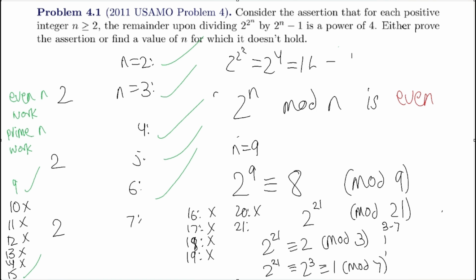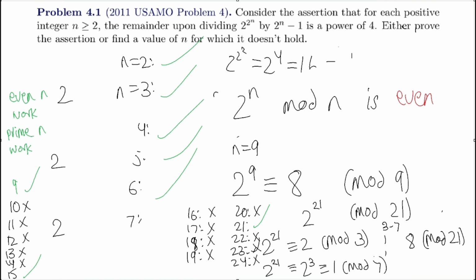So we went a bit over, but I guess that's fine. So then 2 mod 3 and 1 mod 7, if you solve it once again, you get 8 mod 21. So we once again got 8. So 21 also works. Now 22 is even, 23 is prime, 24 is even.